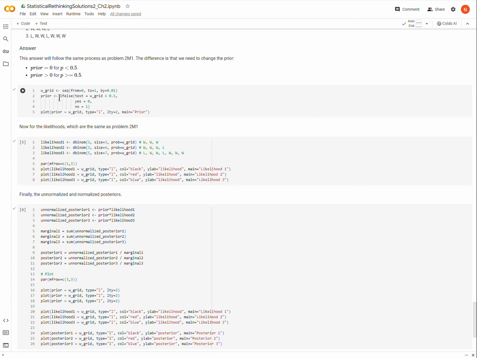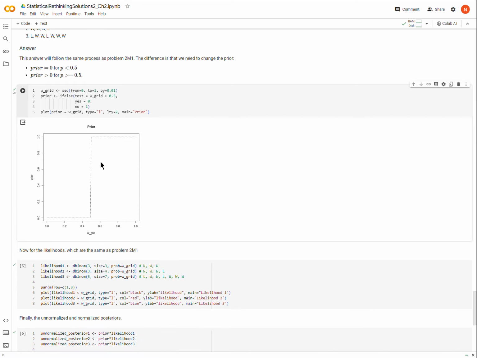This code is just copied from above, but W grid is just going to be a value for every proportion of water that we're going to consider. Now we're going to use as a prior no longer a uniform prior, but one that looks like this. Down here is W grid, the proportion of the globe covered in water, and the prior is 0 for all values up to 0.5.